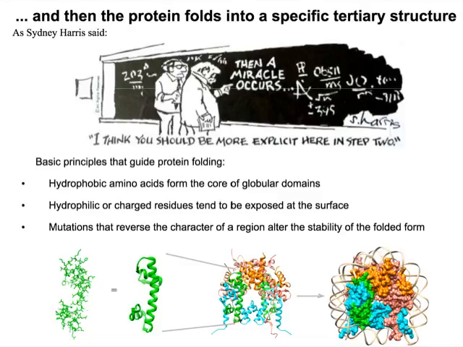That's going to drive this structure to form. And that's going to leave the hydrophilic residues out at the surface of the protein so that the whole thing can be soluble. Now that's a nice simple rule, and we'll look at mutations that violate that rule and therefore cause proteins to be difficult to fold. But even that rule is too simplistic to look at real proteins.